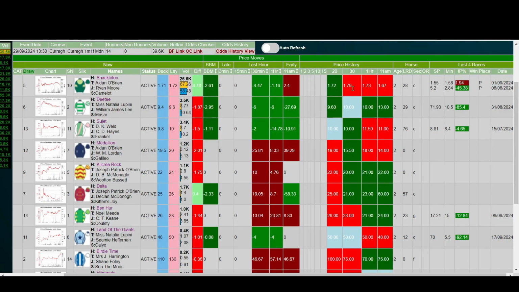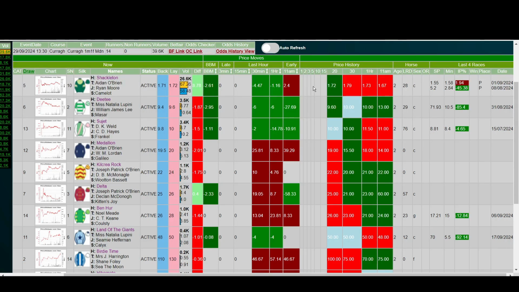And when I say drifted, it's because it's in red. If it comes in, it is then green. So there's been a reversal here at the 20-minute mark, and people have started to take this price after it's drifted, and it's now started to come in, as you will see on the Betfair graph here, but in much more detail, much easier to read.